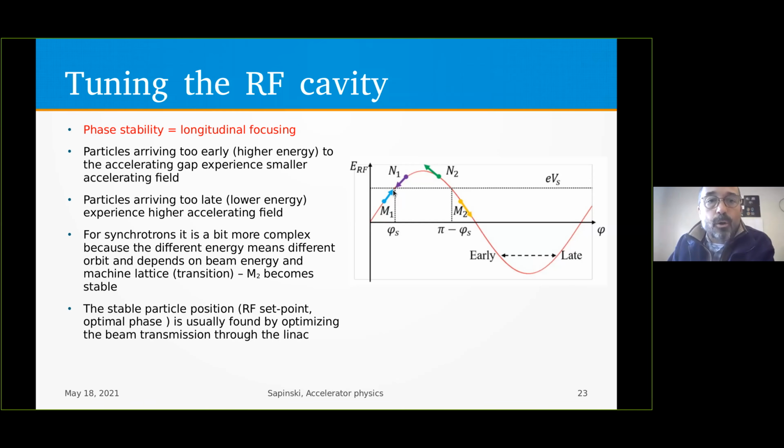This we call phase stability, or sometimes longitudinal focusing, and it means that our particles have to be placed somewhere here in order to be efficiently accelerated through a linear or circular machine. For synchrotrons, so circular machines, the picture is a little bit more difficult, but I will not go into the details. There, the orbit of the particles depends on its energy, and sometimes this point is stable, and sometimes this point is stable, depending on whether we are in the relativistic or non-relativistic regime.